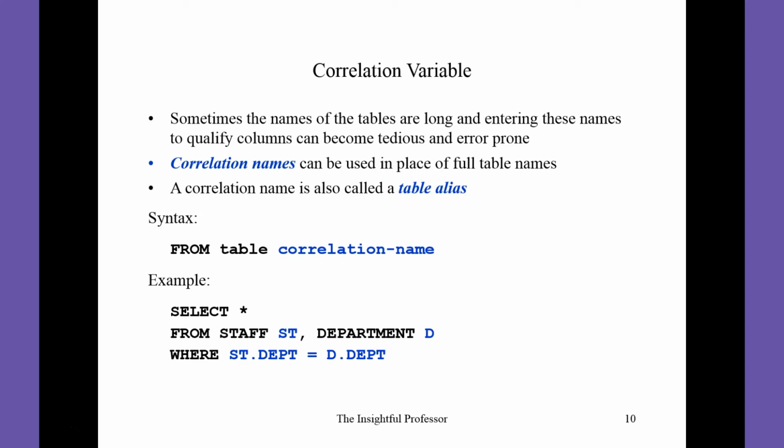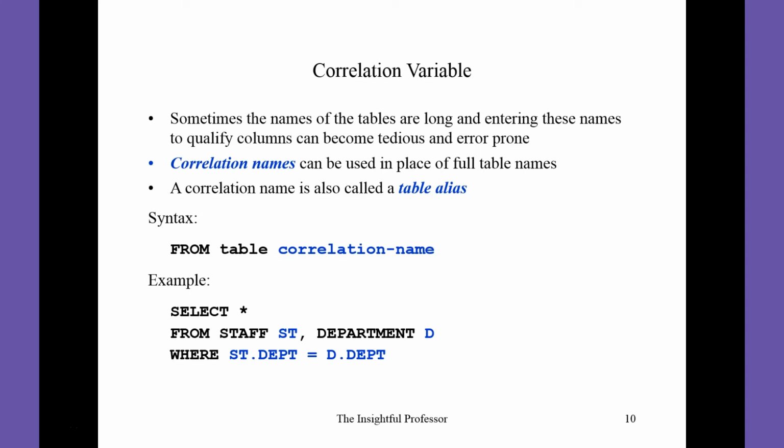As shown here, the correlation name follows the table name and has one or more spaces separating it from the table name. It's very common for a table alias or correlation variable to be very short, typically 1 or 2 characters. Once introduced to the query, the correlation name can be used anywhere in that query to qualify a column name from that associated table. That association is known only for the duration of the query in which the correlation name was introduced.